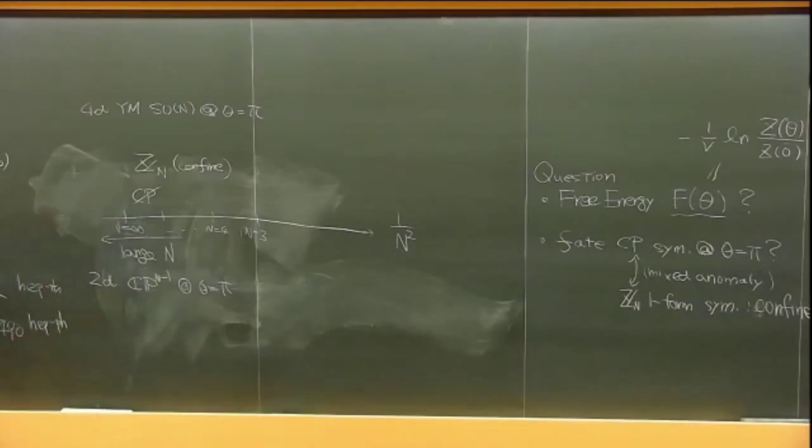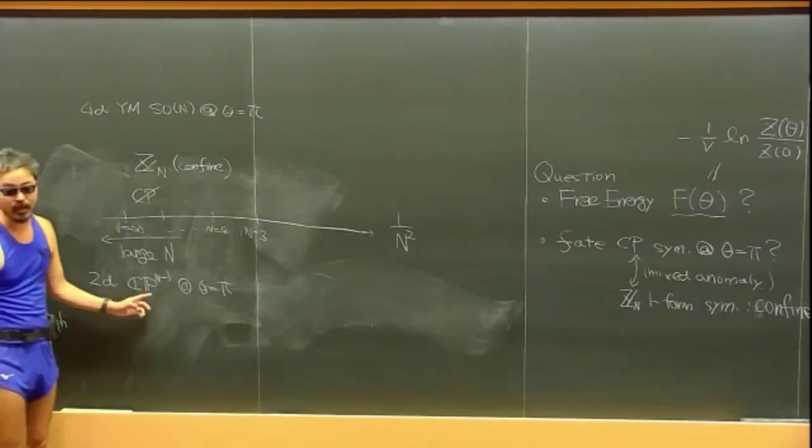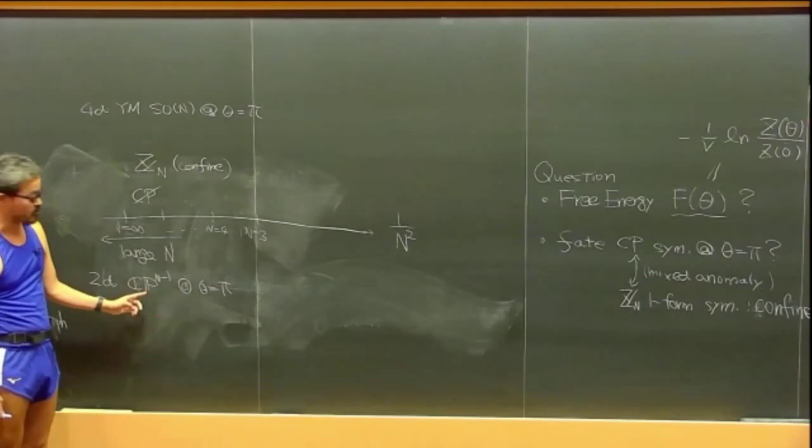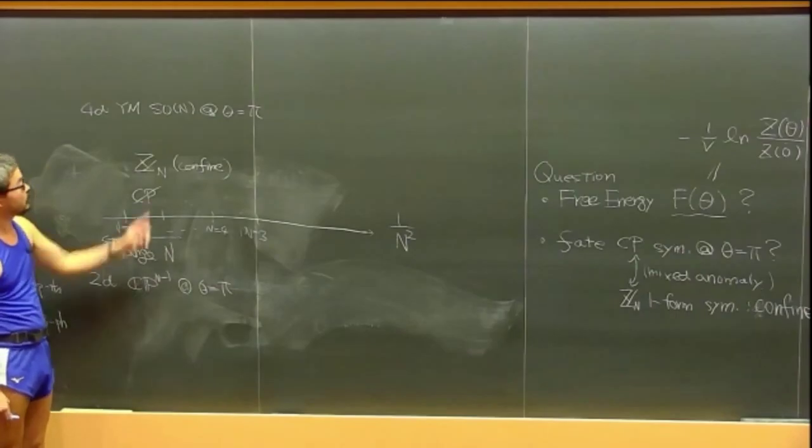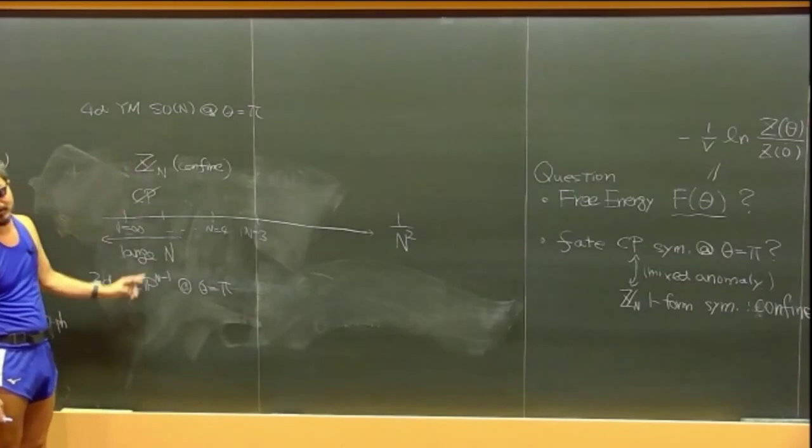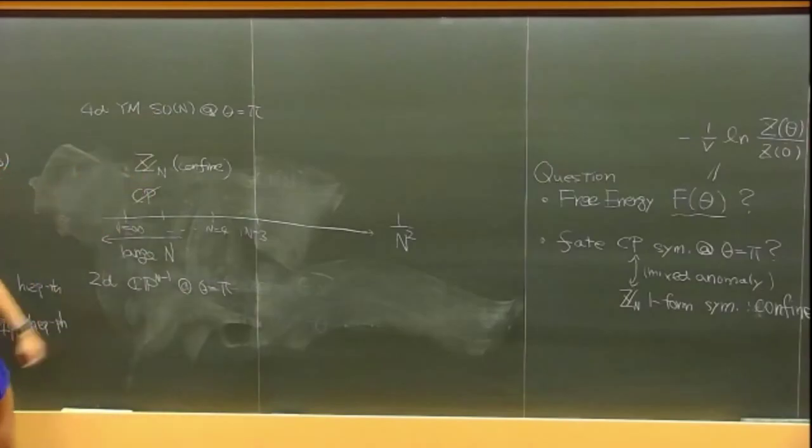Well, in fact, this is supposed to be CP N-1, not CP N, because CP N-1 has a ZN symmetry, which plays a role. It's a ZN flavor symmetry, but it plays a role similar to this ZN here.